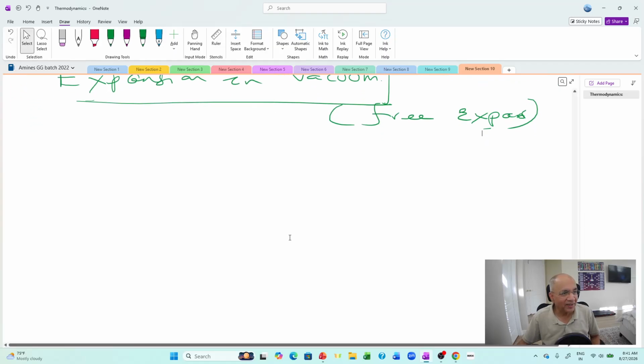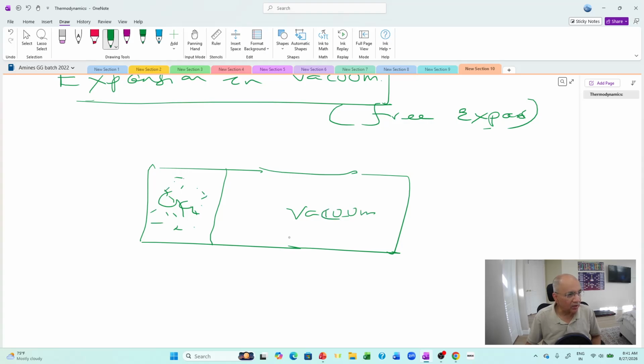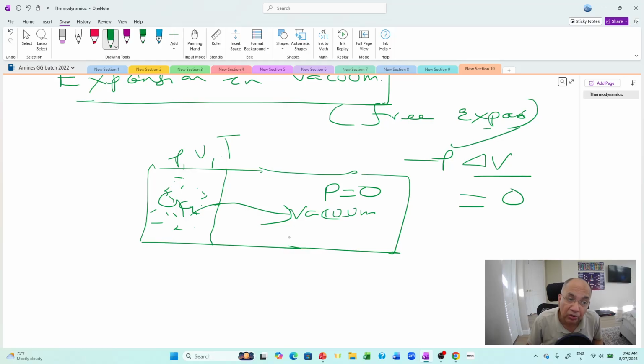See, if you have a gas here and here there is vacuum, the gas is at a certain pressure, P1, V1, T1. You make a small hole. The gas expands automatically, freely, from high pressure to 0 pressure. Here pressure is equal to 0. So P del V is 0, not due to del V being 0, but due to absolute pressure being 0. So work done is 0.